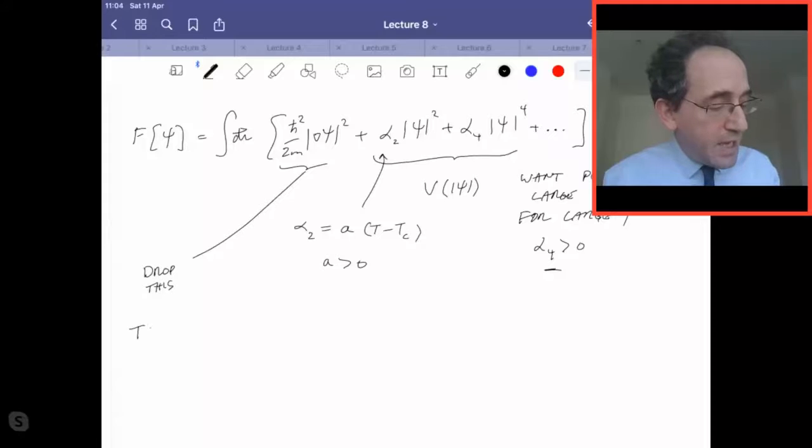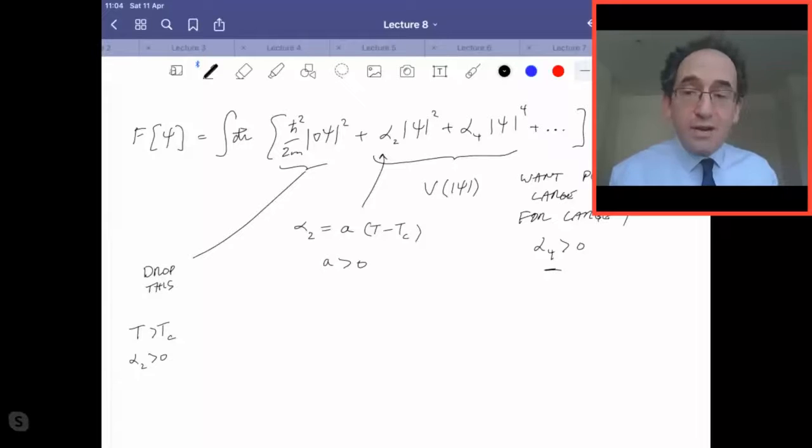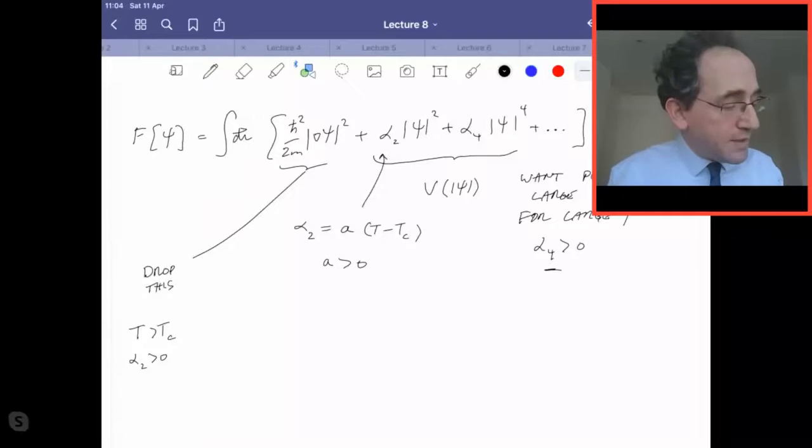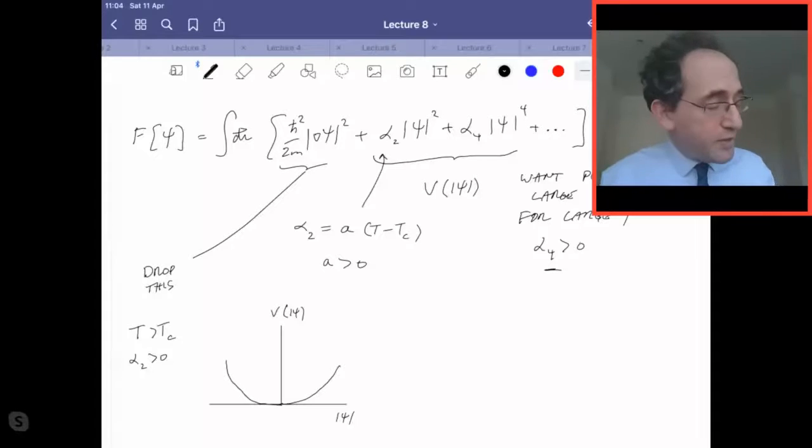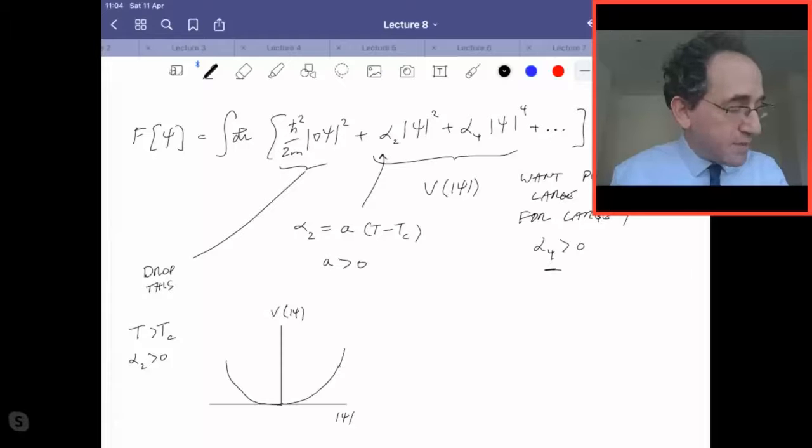And we'll consider the case of T greater than Tc, by which I mean here the case of alpha 2 greater than 0. So let's plot what the potential looks like. Okay. So this is psi here, and this is V of psi here, and we find that it starts by growing quadratically at small psi, and then at larger psi it goes up faster as the fourth power.